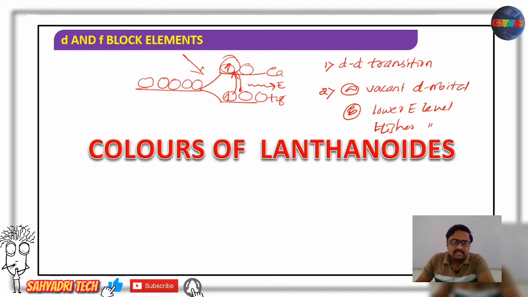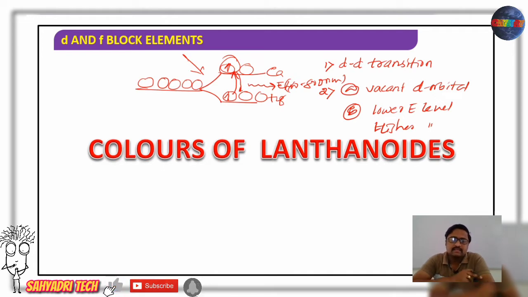If this radiation falls in the visible region of 400 to 800 nanometers, we observe a color. So overall, most d block elements and their compounds exhibit color due to d-d transition. The necessary condition is a vacant d orbital and an unpaired electron.